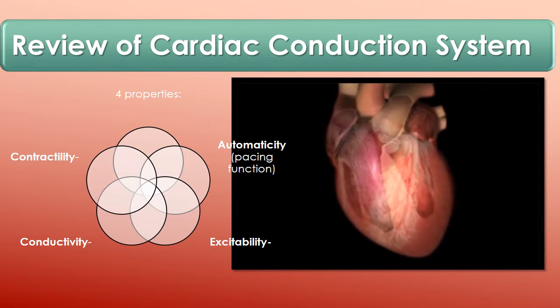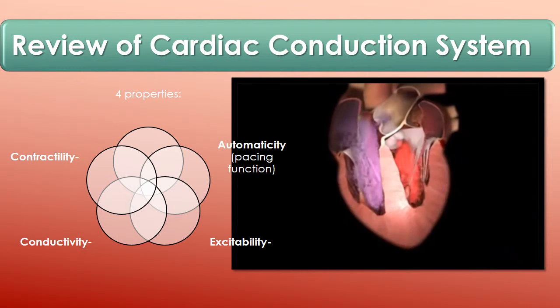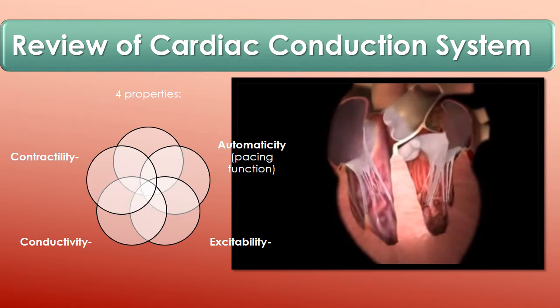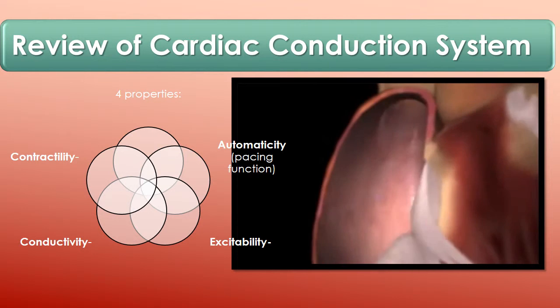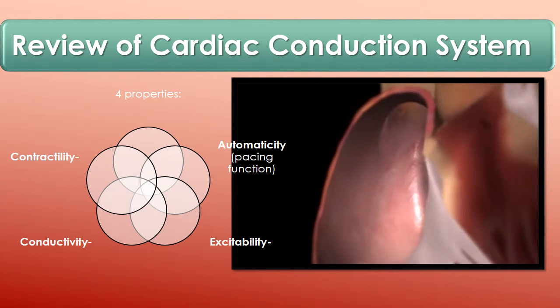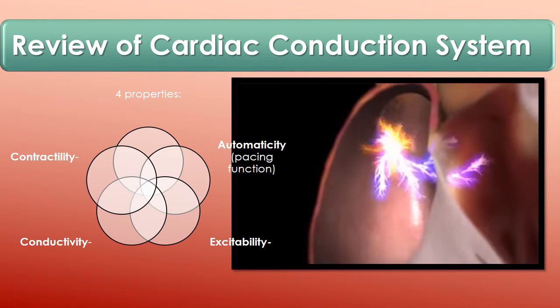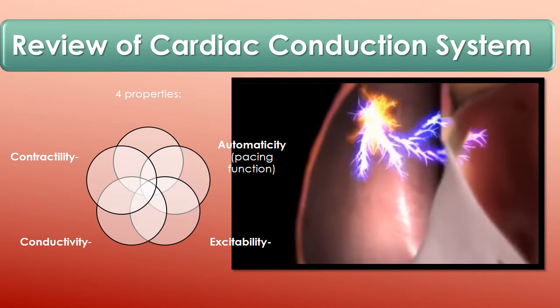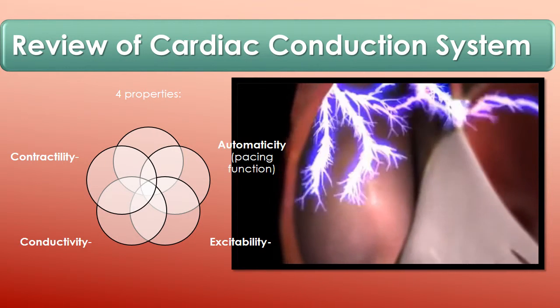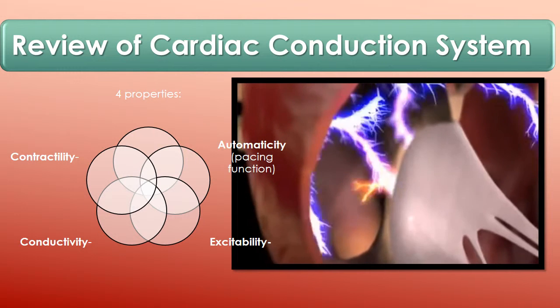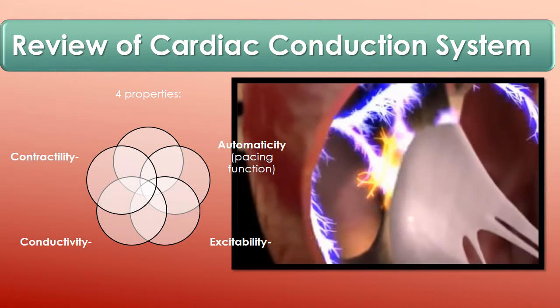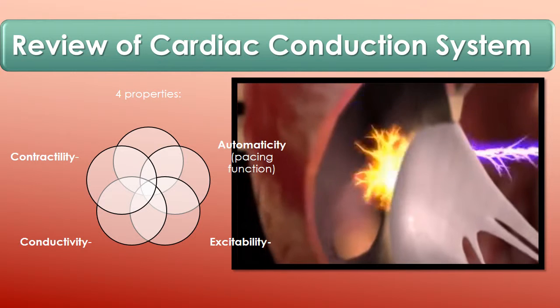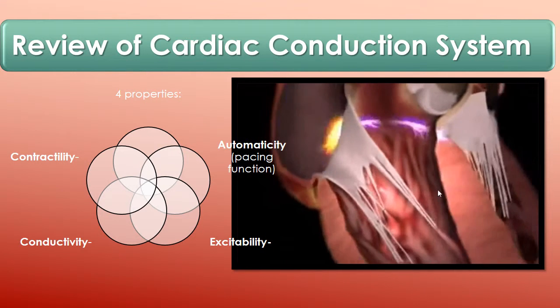All 4 properties are responsible for the cardiac conduction system, the primary pacemaker being the SA node, which is the one that primarily creates that automaticity. With decreased blood flow, any cardiac muscle is capable of producing an electrical impulse independently if needed, creating a dysrhythmia.